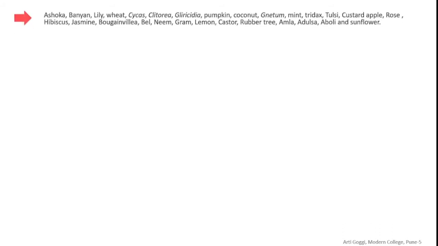So here I have chosen plants. Some of them are gymnosperms, some belong to dicots and some are monocots. So this is a mixture of plants. Now the task in front of us is to group these plants based on certain characters. At the first step I will use a single character, and the nature of the character is habit.